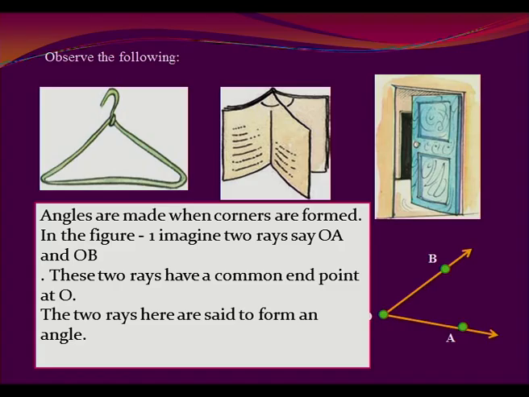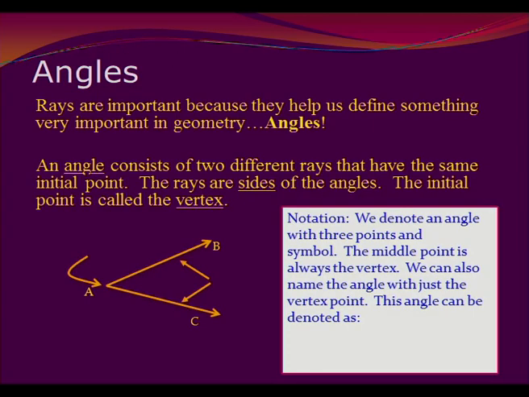In the figure, imagine two rays, say OA and OB, meeting at a point O. These two rays have a common end point O. The two rays are said to form an angle, angle AOB or angle BOA.